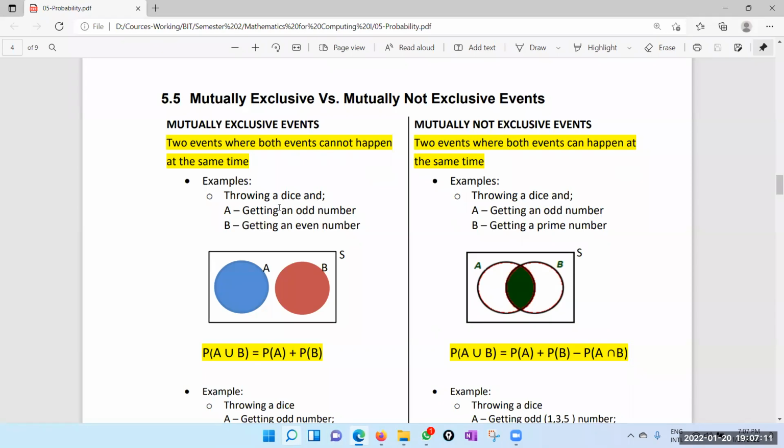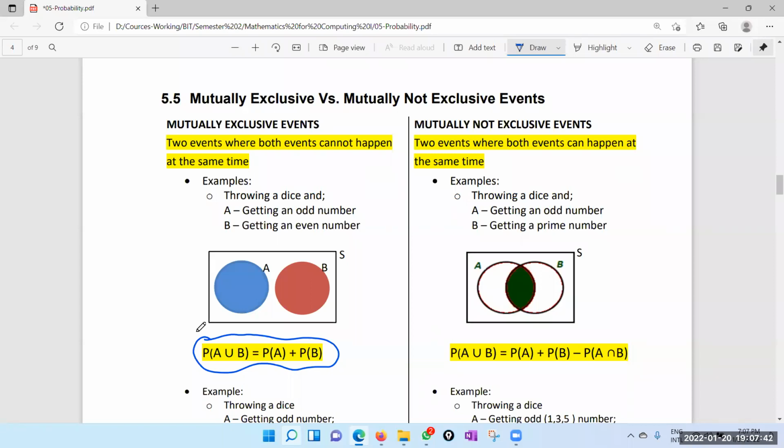Right. So then we discussed mutually exclusive events versus not mutually exclusive events. We say that two events are mutually exclusive if none of the outcomes belong to both events. That means both events cannot happen at the same time. For mutually exclusive events, the probability of A or B happening is the probability of A happening plus the probability of B happening.